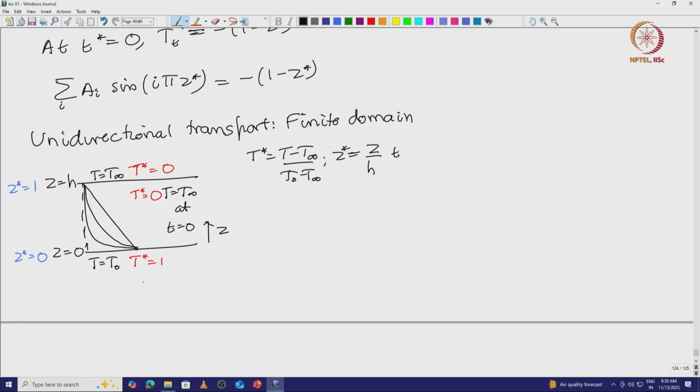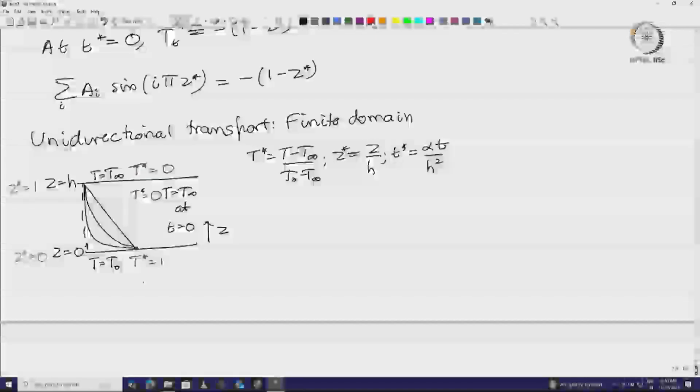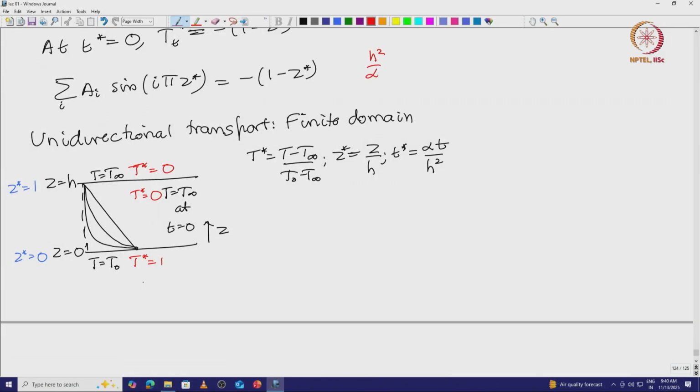The scaling for time was t star equal to alpha t by h square. You can consider h square by alpha as a diffusion time: it has dimensions of length square divided by length square per time, like a diffusion time across a distance h. That is what the time scale is scaled by.